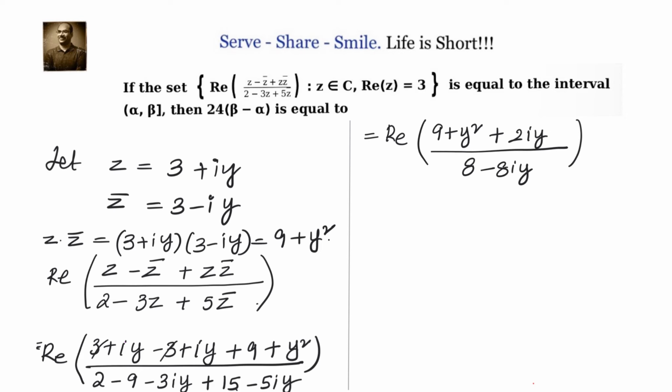Now we can take 8 outside and multiply by (1 plus iy) so that we can get the real part: (9 plus y square plus 2iy) by (1 minus iy), multiplied with (1 plus iy), into 1 by 8.